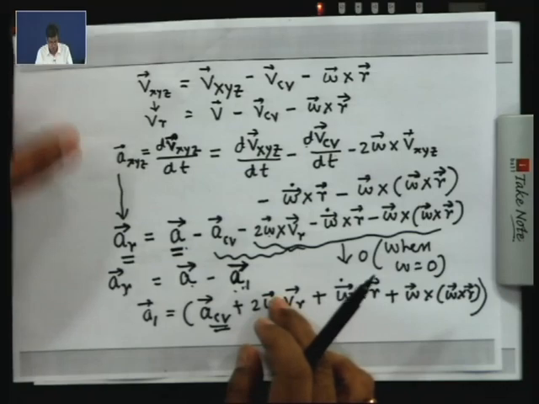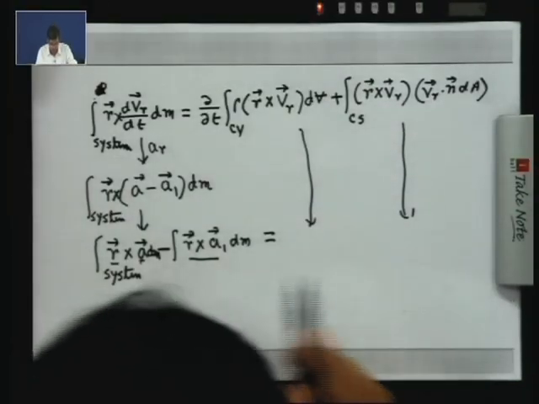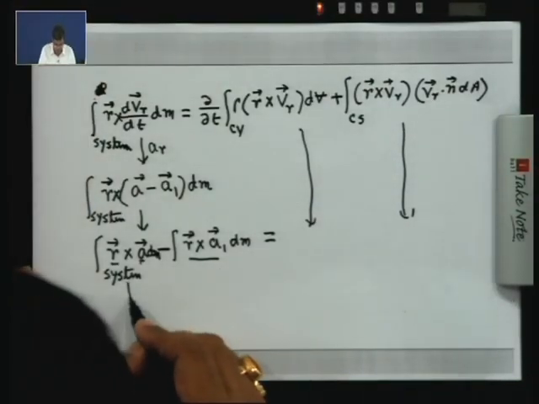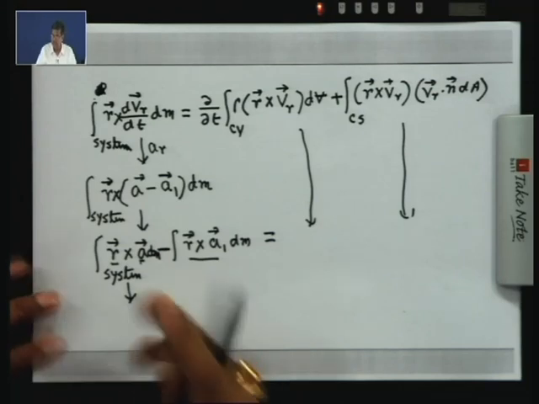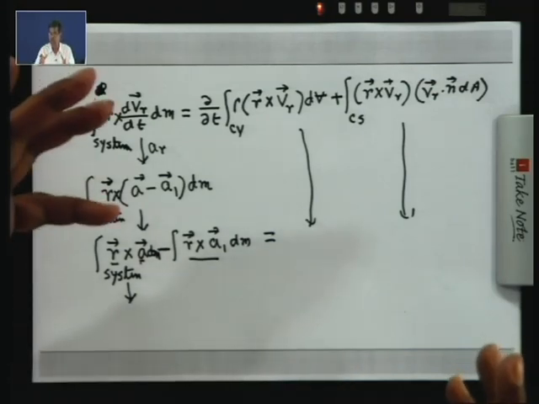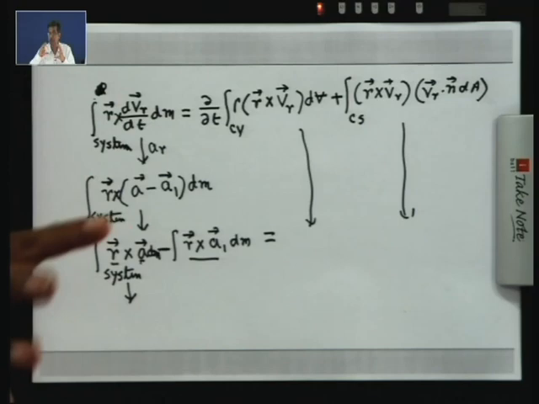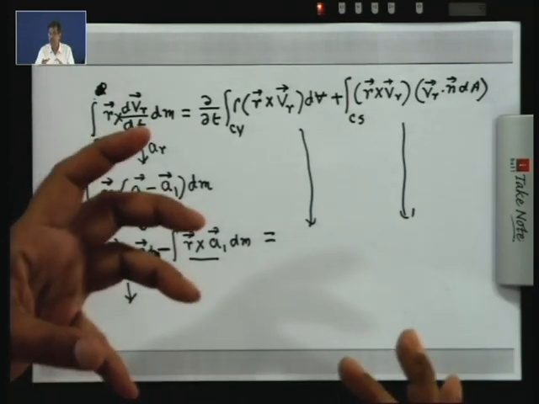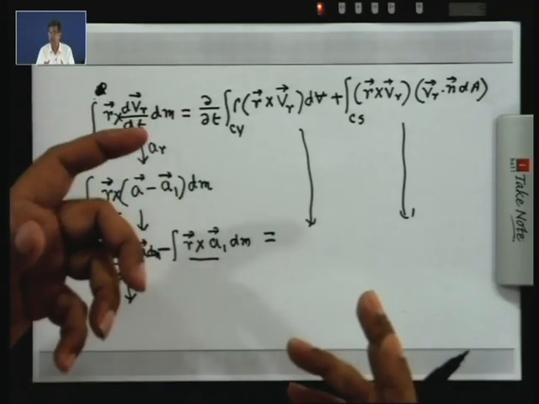This you always have to remember side by side, so that you can write, again by the law of physics, that the rate of change of angular momentum is equal to the sum of the moments imposed on the system which cause the angular momentum change.